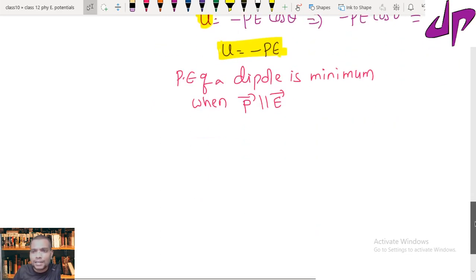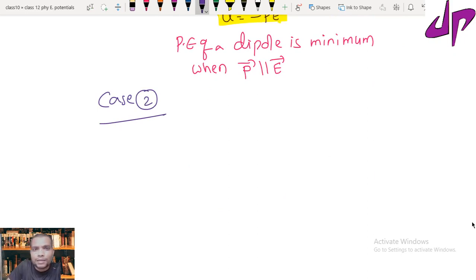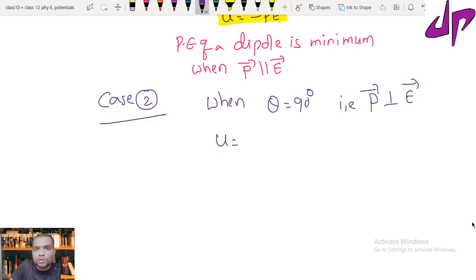Let us take another case, case 2. In the case when theta equals 90 degrees, that is, the dipole moment vector is perpendicular to the electric field vector, the potential energy equals minus P cos 90 degrees, which equals 0.